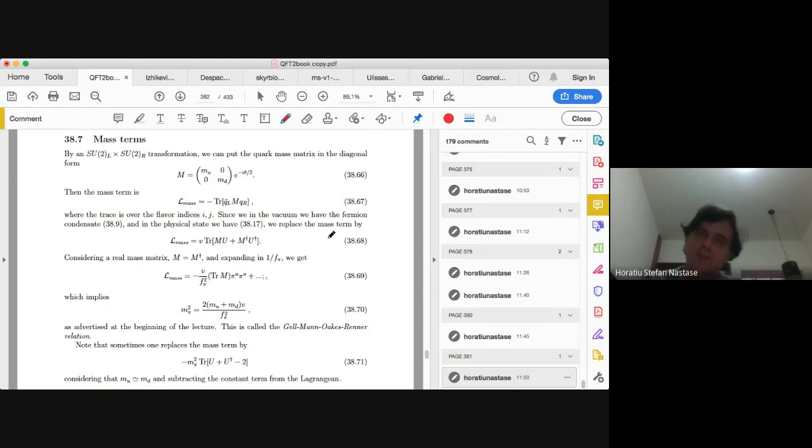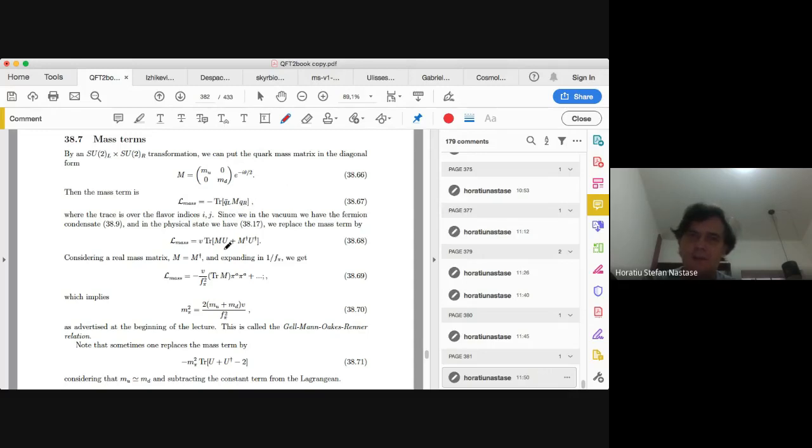So this is in the vacuum, but in the physical low energy state with pions, I replace the mass term. Instead of M, I will have M times U. Then Q bar left_i Q right_j in the low energy state becomes minus V times U. So the minus cancels, and I'm left with V times U in here.